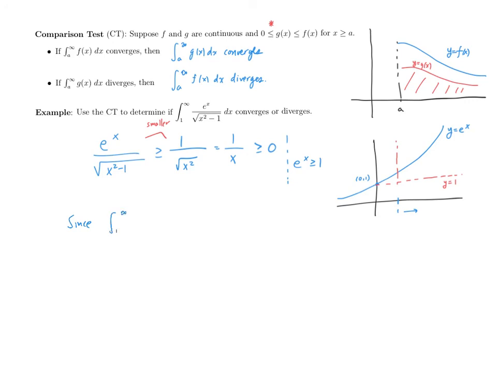Since this improper integral from 1 to infinity of 1 over x dx diverges, and you need to tell me why, this is a p integral with p equals 1, the comparison test, this new property of interest, implies that the larger improper integral, the one we are interested in, also diverges.